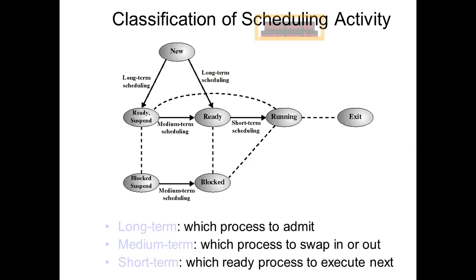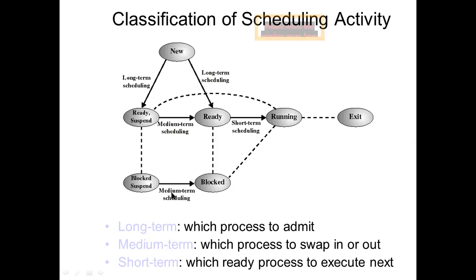Now in the diagram you can see a new process here. Now long term scheduling: ready or suspend, and in this diagram you can see blocked suspend. Medium term scheduling means ready or suspend will go to the ready.